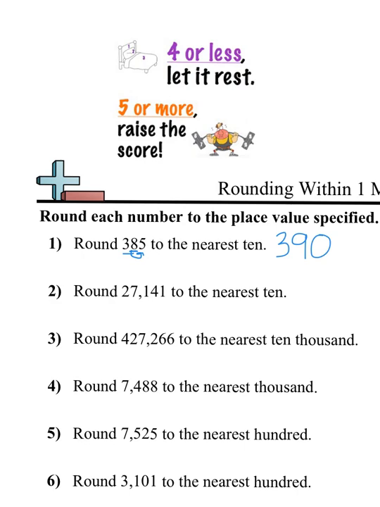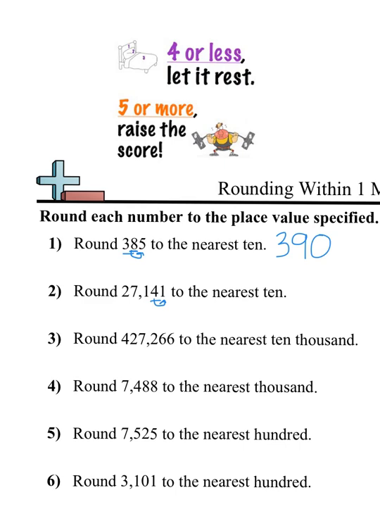Okay, number 2. Round 27,141 to the nearest 10. The 4 is in the tens place, so you can underline the 4. Then the neighbor to the right is a 1. Well, 1 is 4 or less, right? So we'll let it rest, or we'll round down.